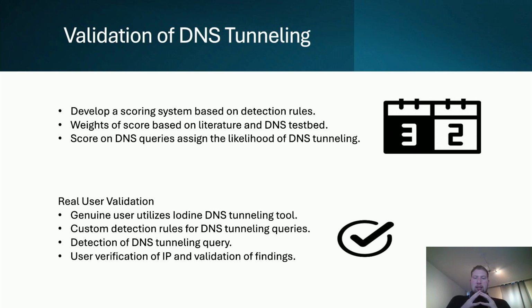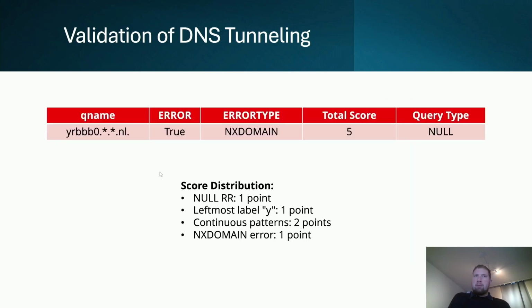When we detected this query, we asked the user to verify his IP based on our findings, to validate our findings. Here we have an example of the validated DNS tunneling query that was detected in .nl traffic.